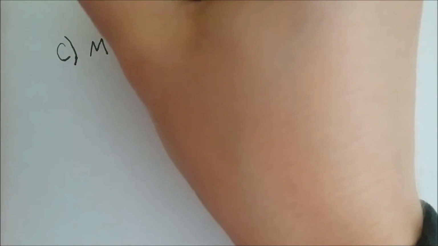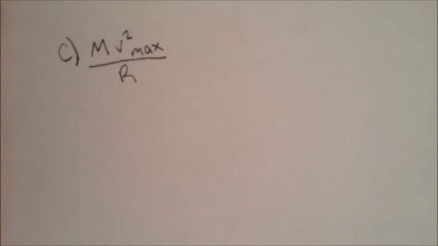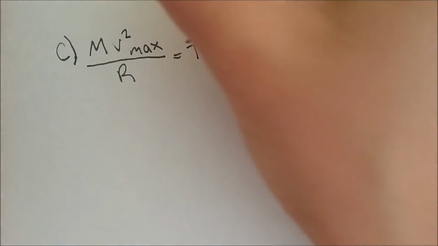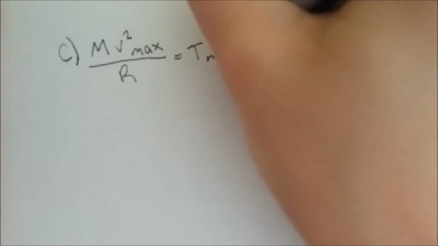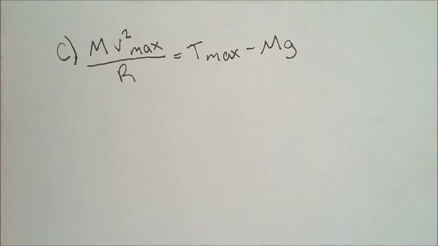Part C says the maximum tension the string can have without breaking is T subscript max. Derive an equation for v subscript max, the maximum speed the ball can have at point Q without breaking the string. So from the equation from part B, we find that the mass times the maximum velocity squared over the radius r is equal to T max minus the mass times g.